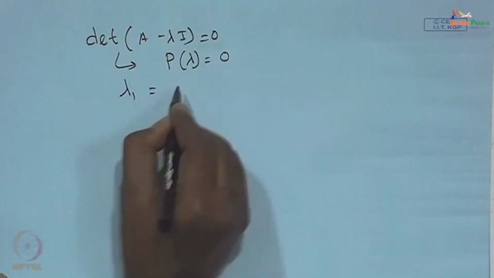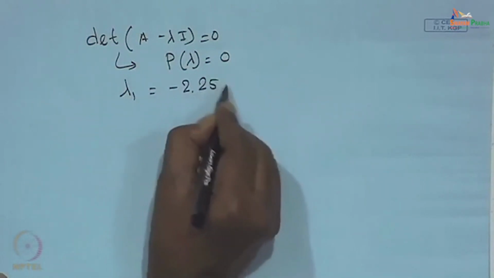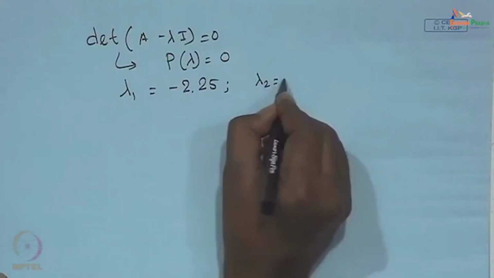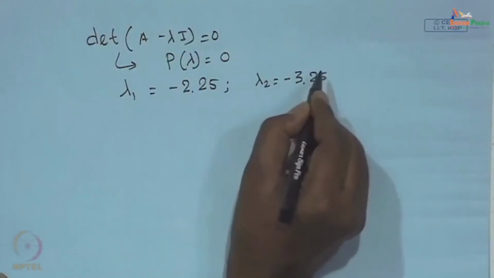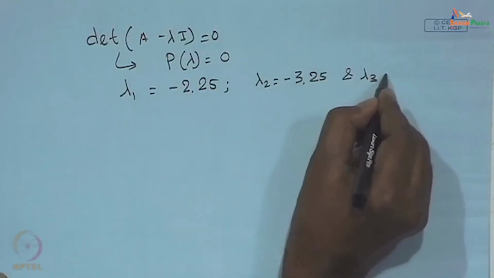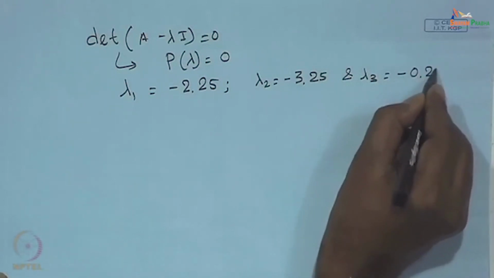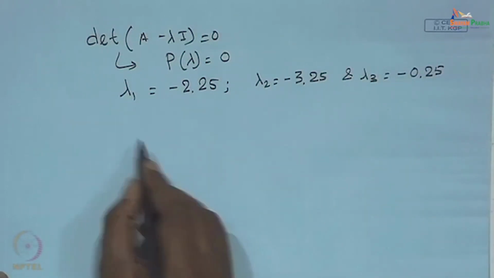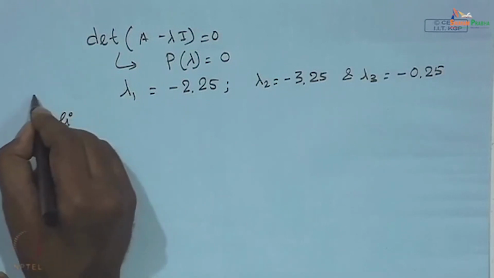So, lambda 1 is equal to minus 2.25, lambda 2 is equal to minus 3.25, and lambda 3 is equal to minus 0.25. So, these are the eigenvalues.